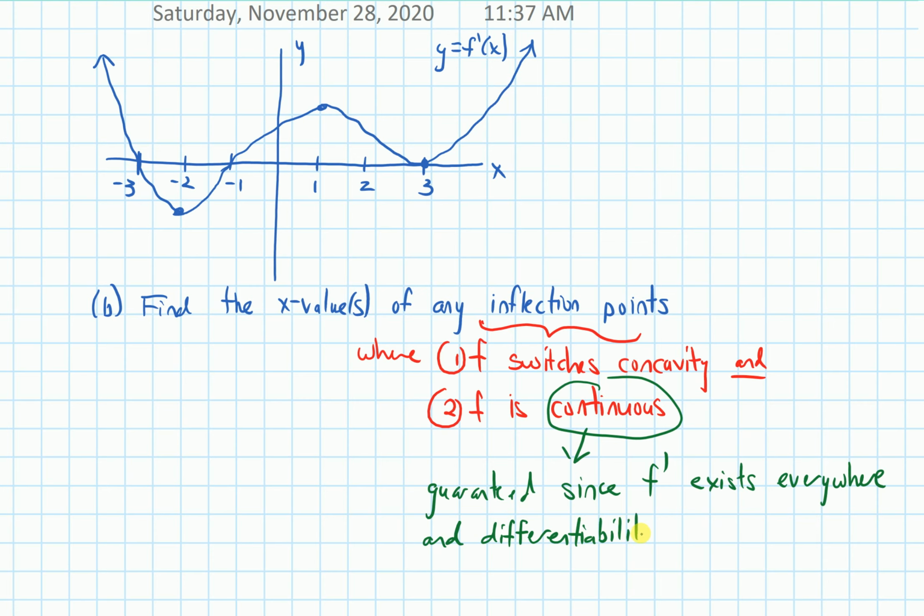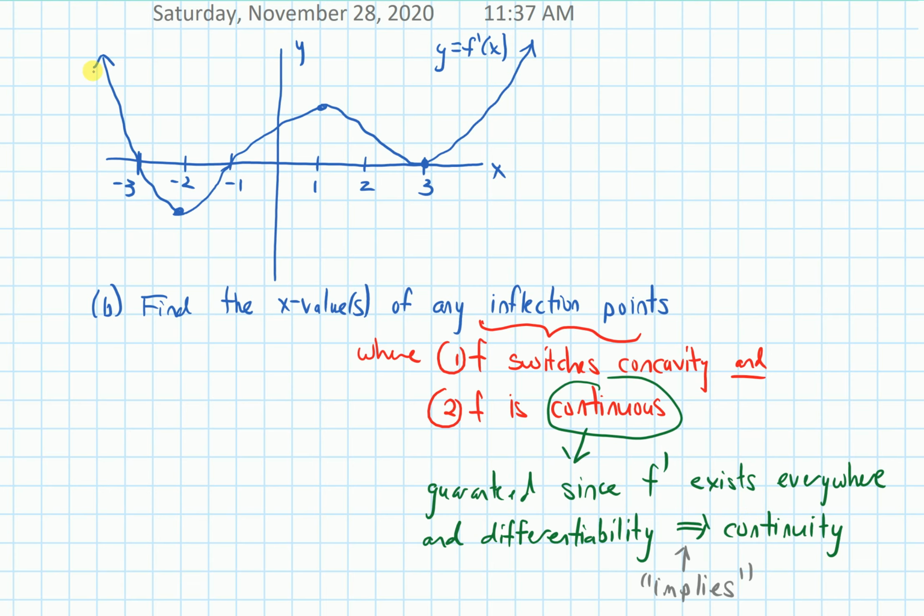Differentiability implies that f is continuous. This arrow means implies. That's a theorem that we've stated before: when a function is differentiable somewhere, it is continuous there as well.